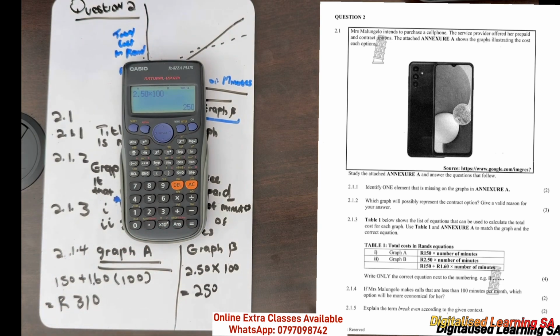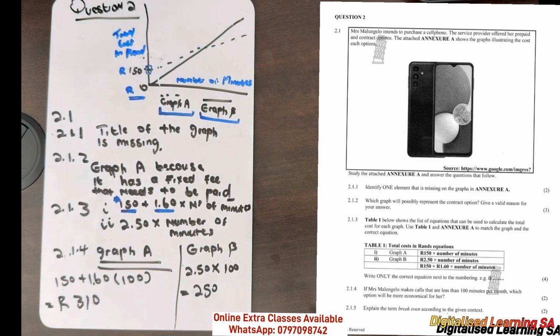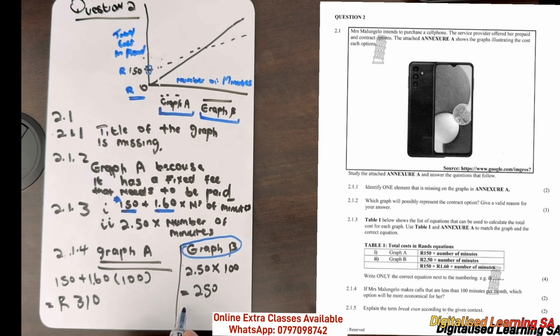So it is clear that between the two options, the one that will be economical or cheaper will be graph B, or option B.